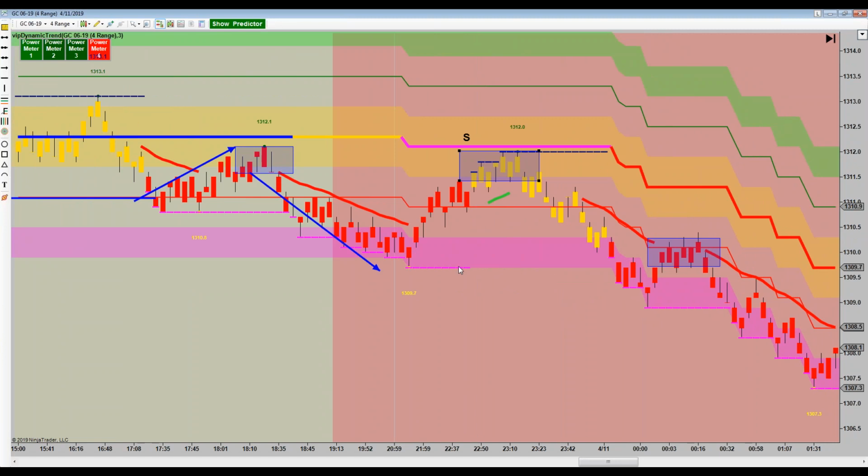You could make the case, and it's right on the edge of acceptability, that you had a bar that went above stealth and line 2. So that is the minimum criteria on the short side, of course. Just like the long side, where you come under line 6 in stealth, the green stealth, the reverse is true for the short side. So you need to come up above the red stealth, which it did, broke that.